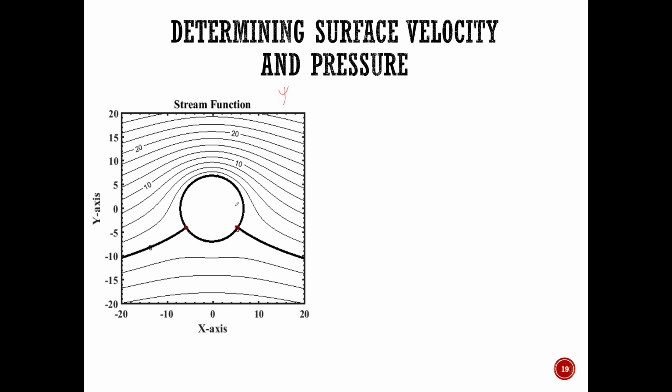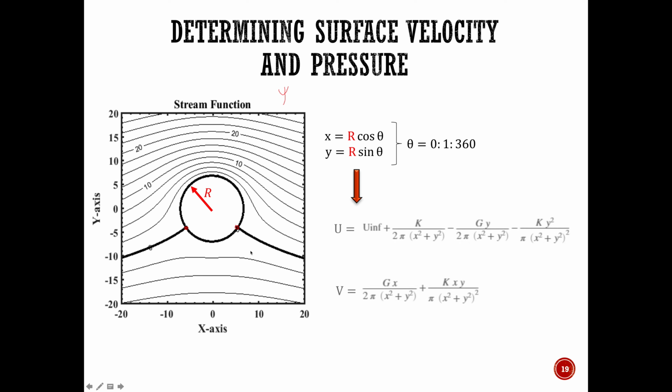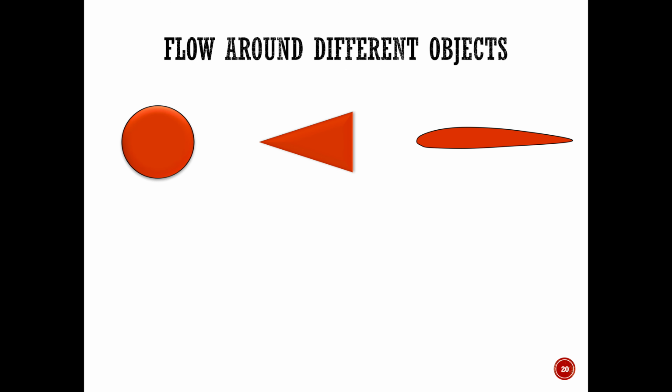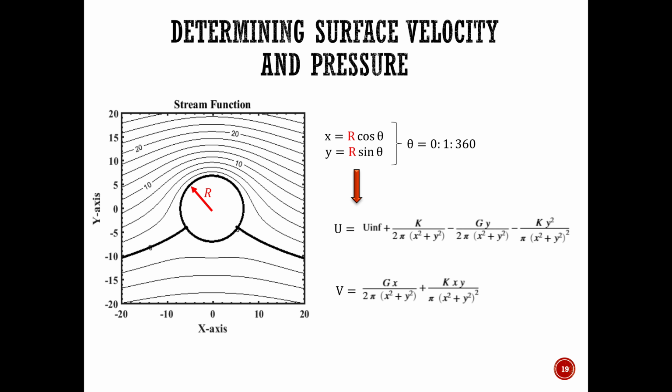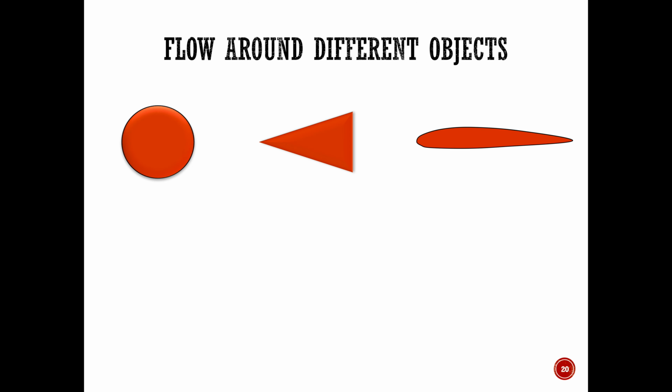So once you find the surface streamline, then you basically plug that x and y location into u and v to actually get the velocity variation around the cylinder. And from there, you can actually get pressures, or you can even plot the Cp, coefficient of pressure variation, and get CL, coefficient of lift, right? So now we were able to simulate flow over a cylinder, but think about how you can simulate flow over something like a triangle or an airfoil.